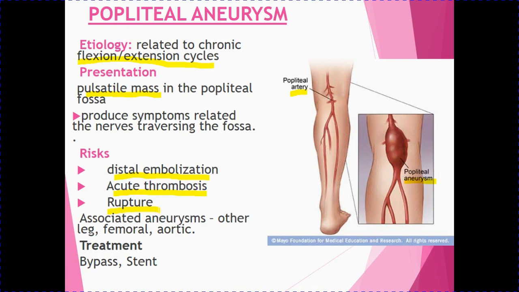Now, this aneurysm can be associated with other aneurysms in the leg region, in the femoral artery, or in the aorta. The treatment is bypass and stenting.